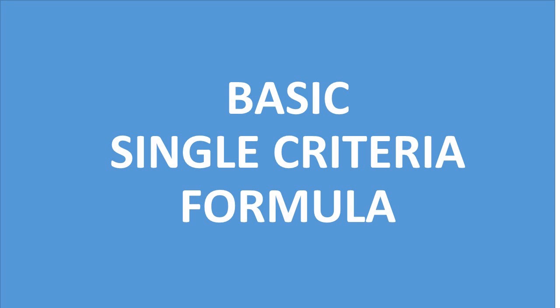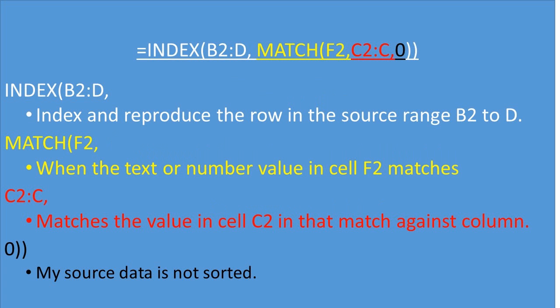So now I have a better background to understand the basic single criteria formula for the index and match function. This basic formula consists of 4 elements. The first element is the index, where you say index and reproduce the row in the source range D to D, or whatever the source range must be.